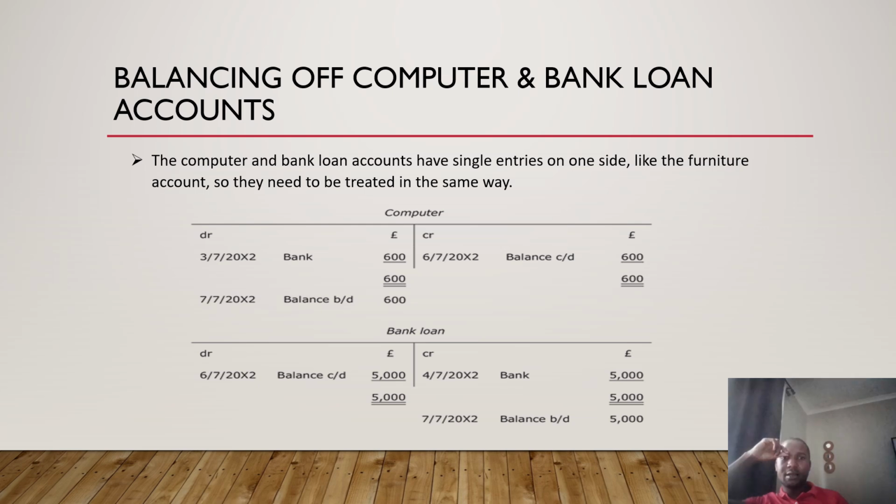So the computer we purchased by bank, so we have a closing figure of 600 as a debit entry, while the bank loan has a credit balance brought down figure of 5,000. It means we took a loan of 5,000 pounds from the bank.